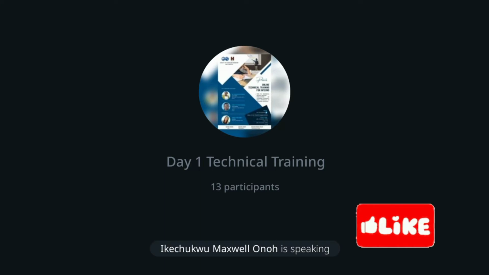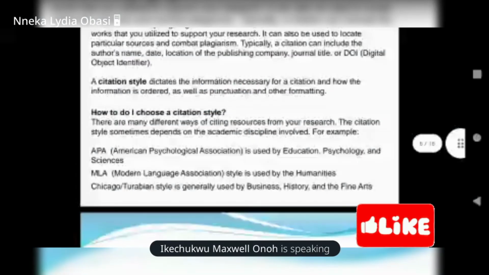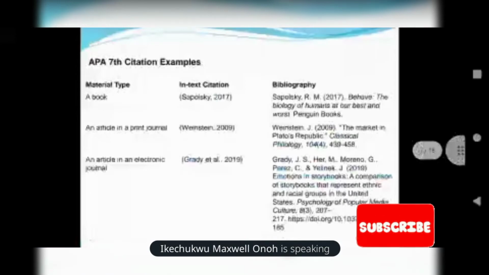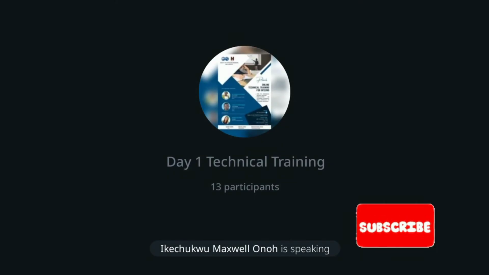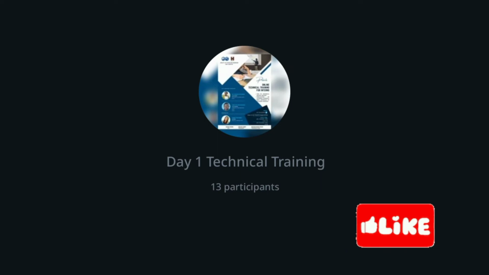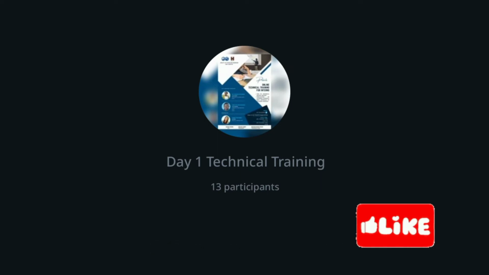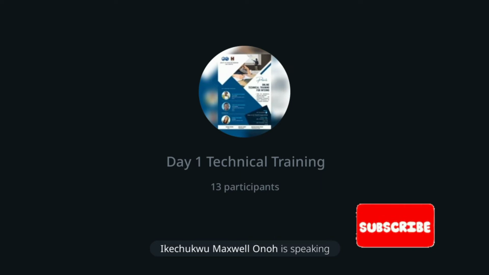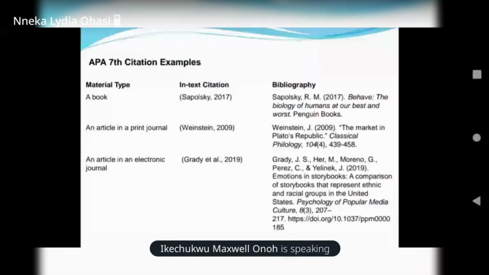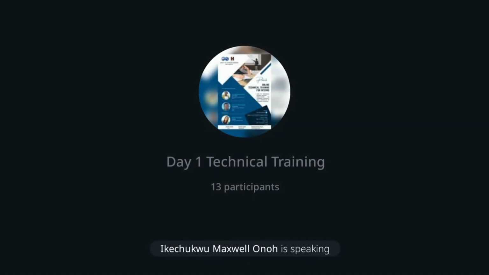Next slide. Now, I'm using this slide to show you the pattern of how the APA citation style looks. If you have extracted something from a book, for instance, Sapolsky's textbook that was written in 2017, The Biology of Women at Our Best and Worst, this is how we are going to cite it.